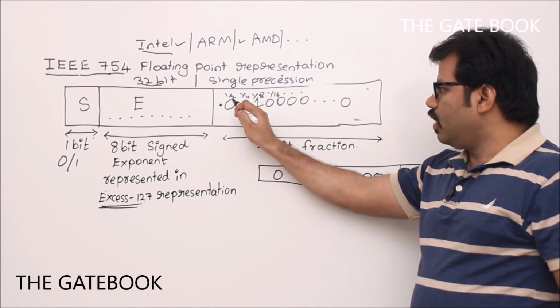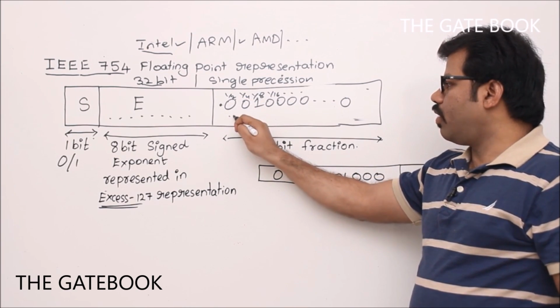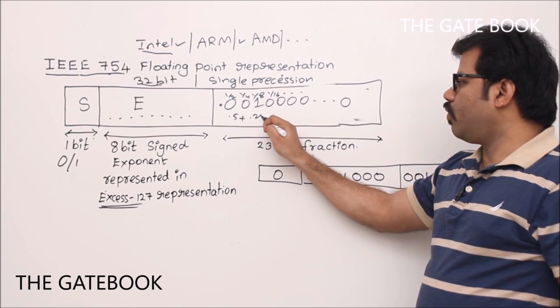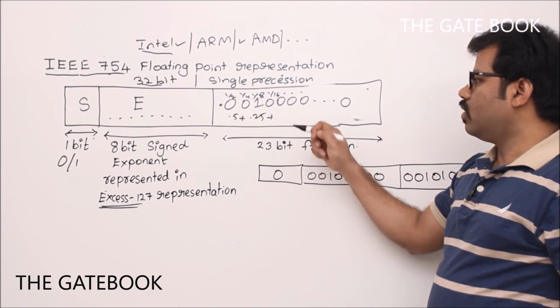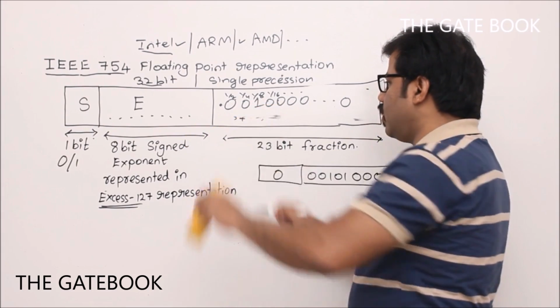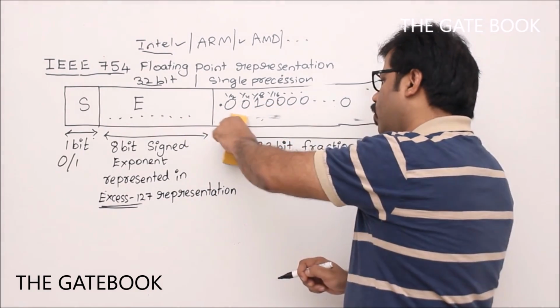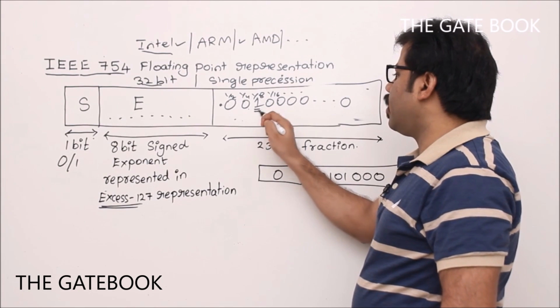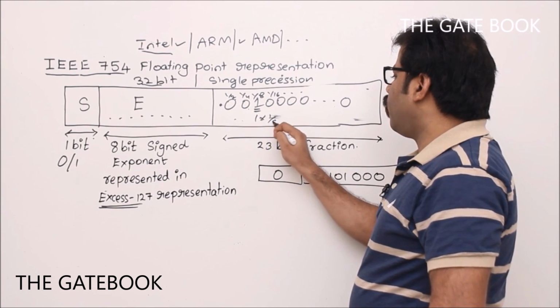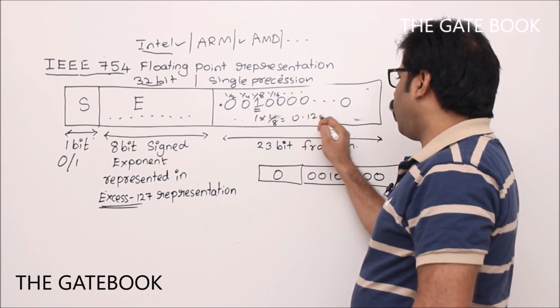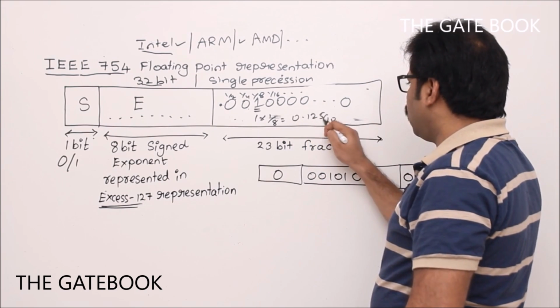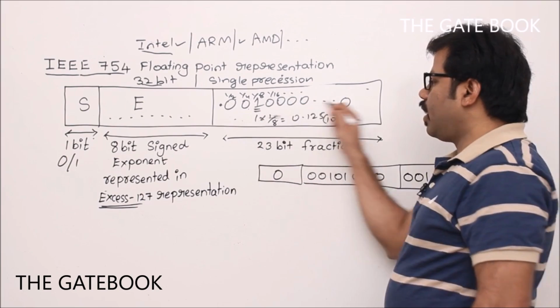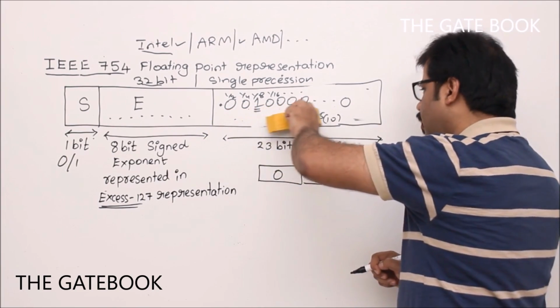So it would be 0 into 0.5, which is 0, plus 0 into 0.25, which is 0. Only we have this bit, 1 into 1 by 8. It would be 0.125. So this is the meaning of this binary pattern if it is represented as a fraction.